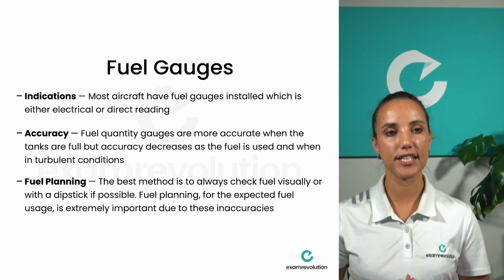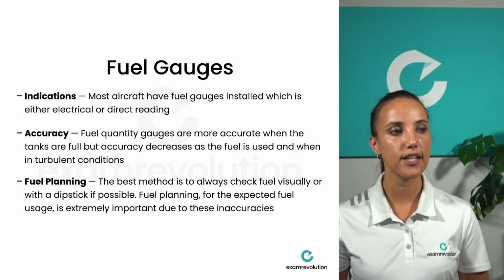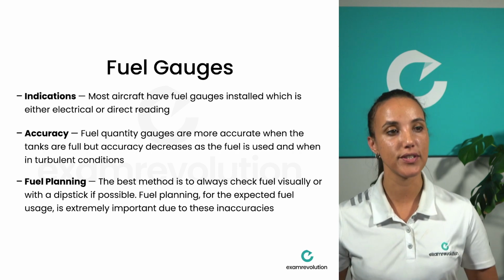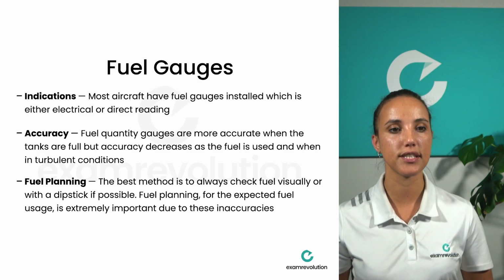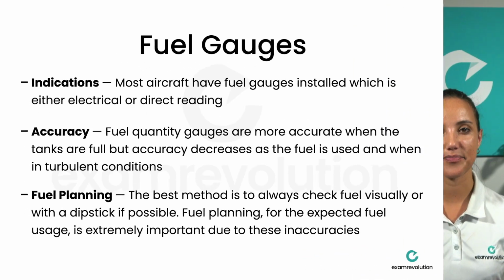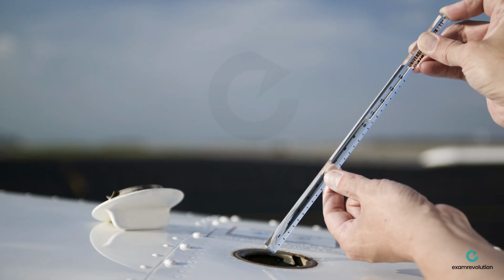The best method is to always check fuel visually or with a dipstick if possible. Fuel planning for the expected fuel usage is extremely important due to these inaccuracies. Here's an example of dipping a tank, which is much more accurate, and then you can compare this to the readings on your fuel gauges to make sure that they are accurate as well.